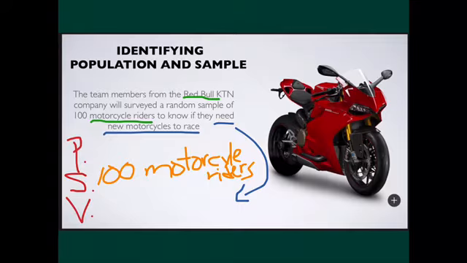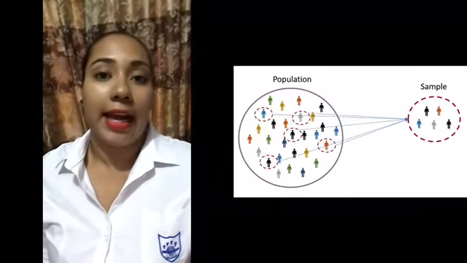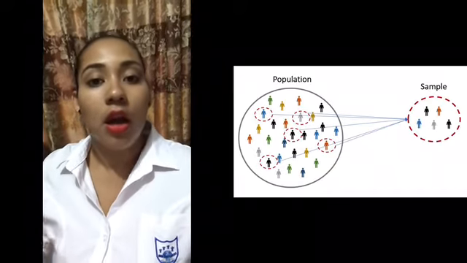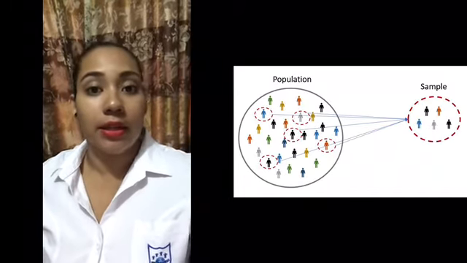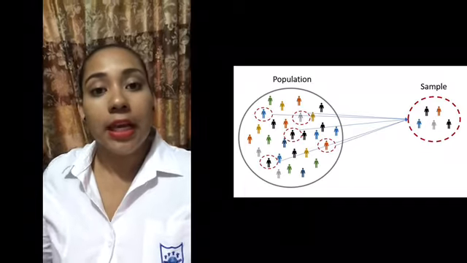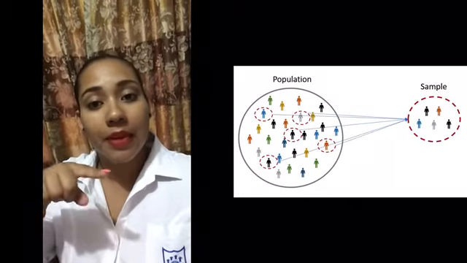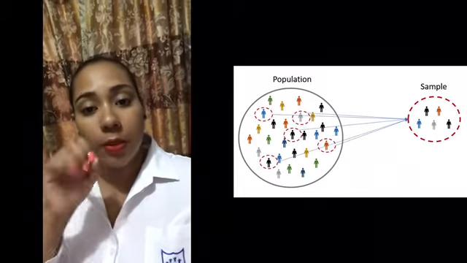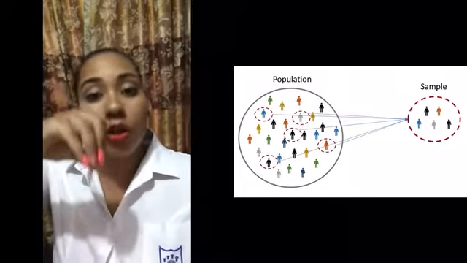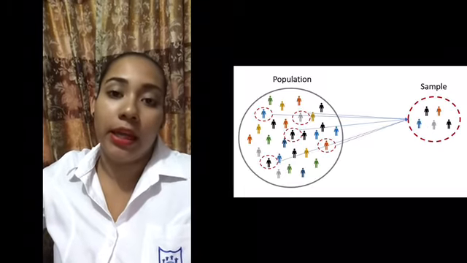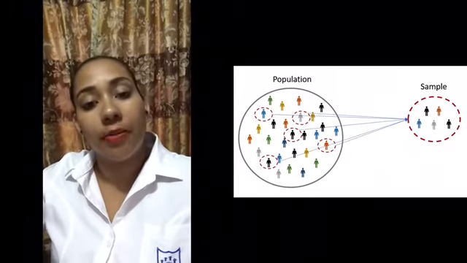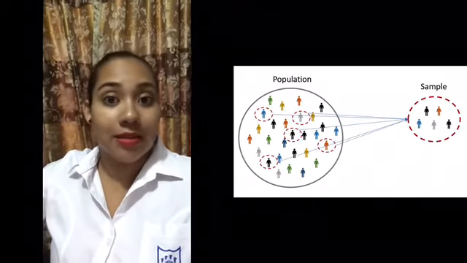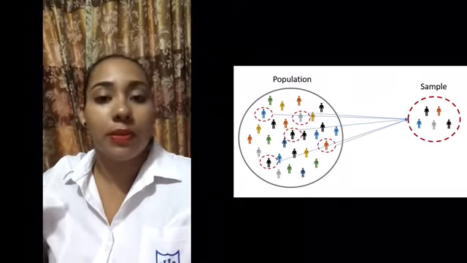Okay guys, now I'm going to show you, you can see right there, this image that tells you more specifically the population in total and how they grab some little people, and those are going to be the sample. This is a better image that will show you clearly how to identify the population from the sample.